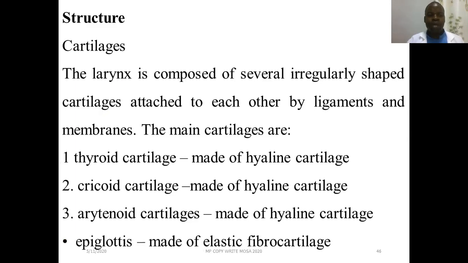Then also the arytenoid cartilages, made up of hyaline cartilage. Then also the epiglottis, made of elastic fibrocartilage.